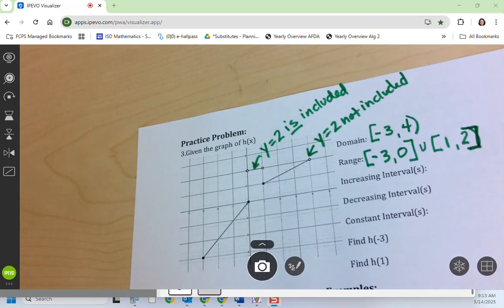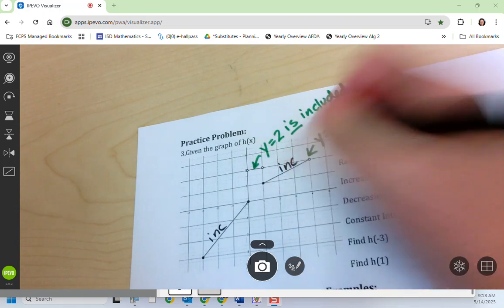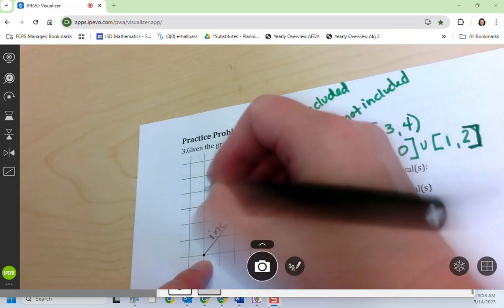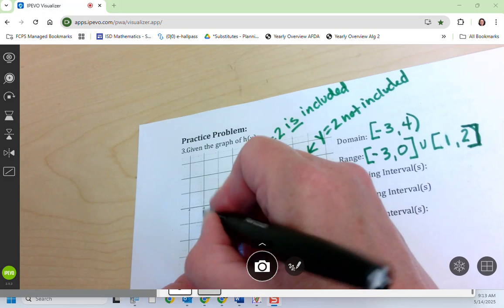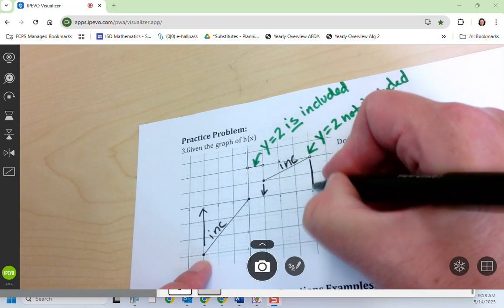All right, my increasing intervals are on the left and on the right. These are both increasing intervals. And remember, we always use parentheses and we always use x values. So I'm looking at the x values here, and I'm looking at the x values here.